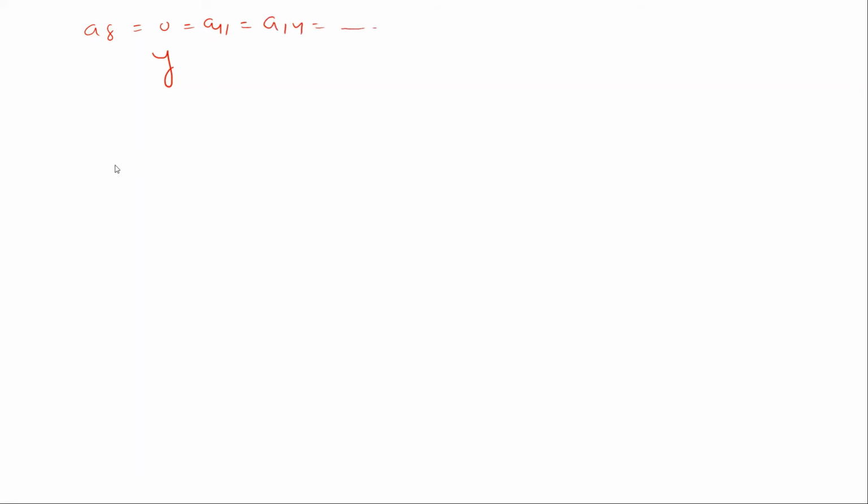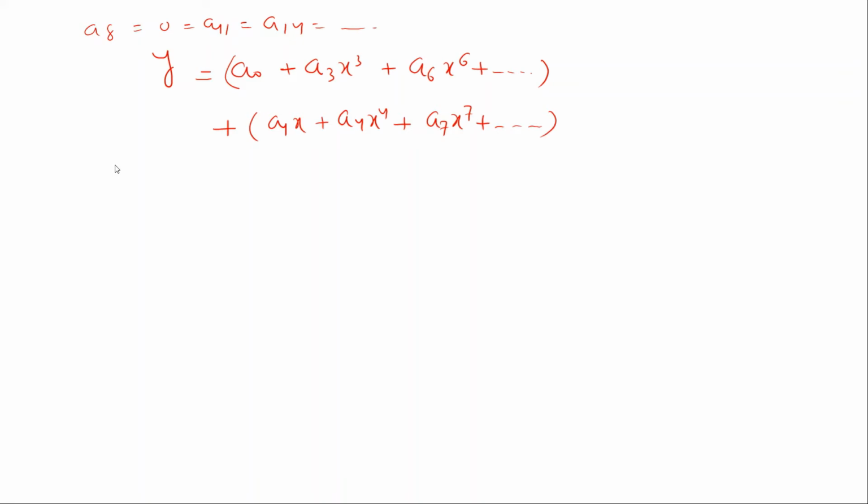So finally y would be equal to a_0 plus a_3 x cube plus a_6 x to the power 6 plus so on, plus a_1 x plus a_4 x to the power 4 plus a_7 x to the power 7 plus so on, plus a_2 x square plus a_5 x to the power 5 plus a_8 x to the power 8 plus so on.